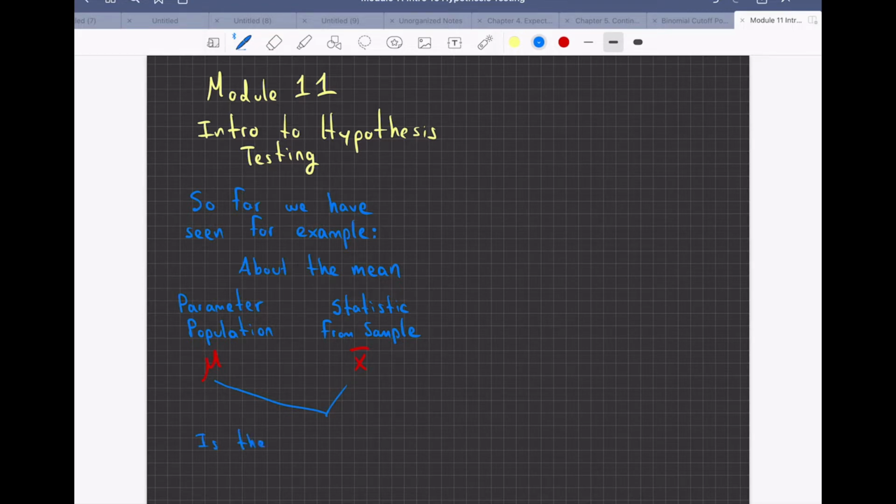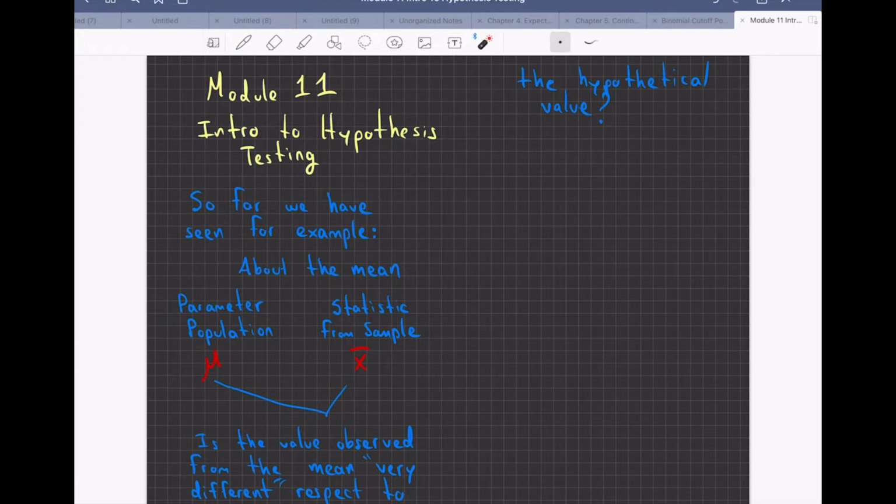Is the value observed from the mean very different with respect to the hypothetical value? Essentially, any hypothesis test is about that.